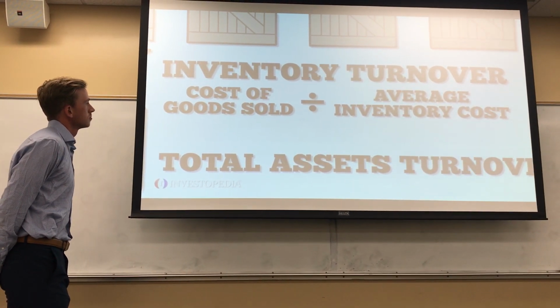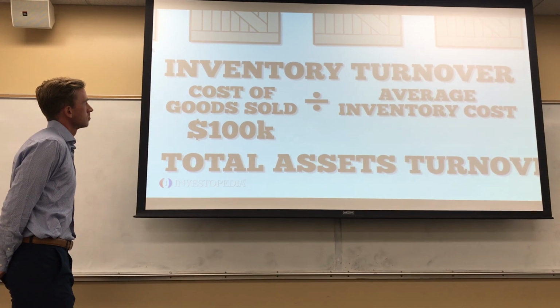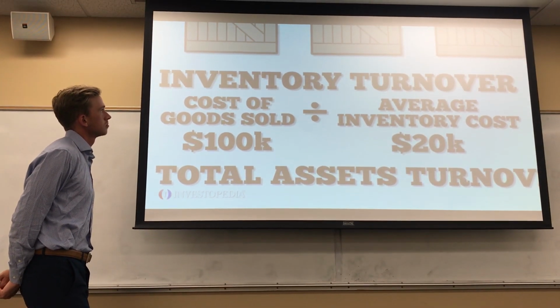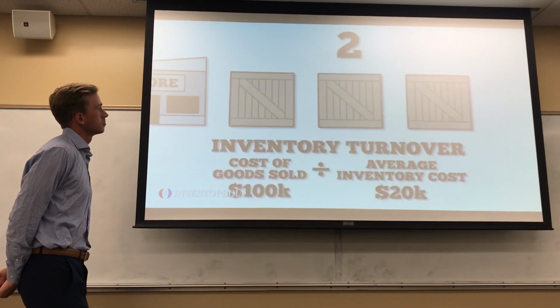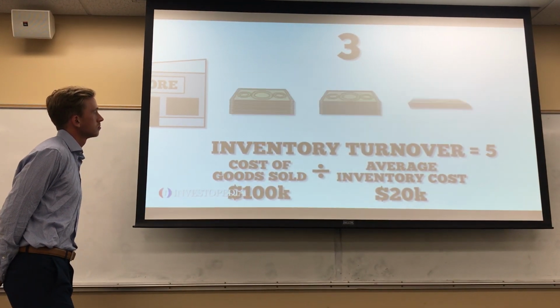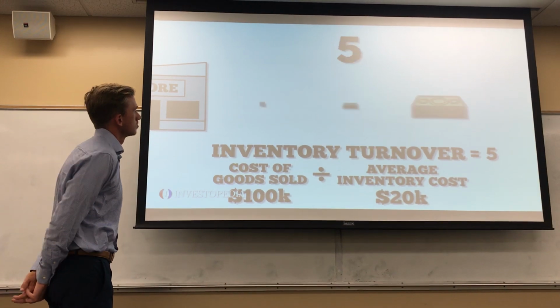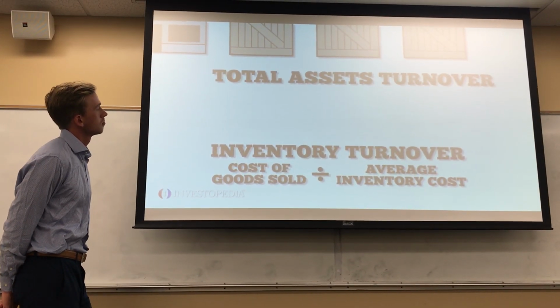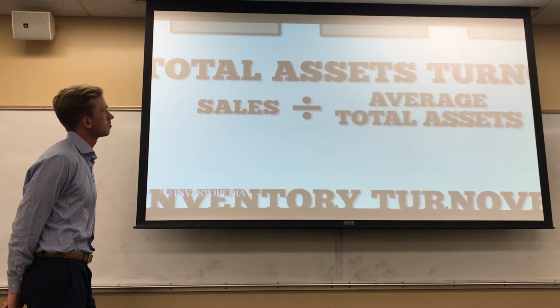If it cost a company $100,000 in a year to make the goods it sells, and its inventory is $20,000, then its inventory turnover ratio is 5, meaning it made and sold its inventory 5 times in a year. Total assets turnover shows how fast a company turns assets into revenue. It's sales divided by average total assets.